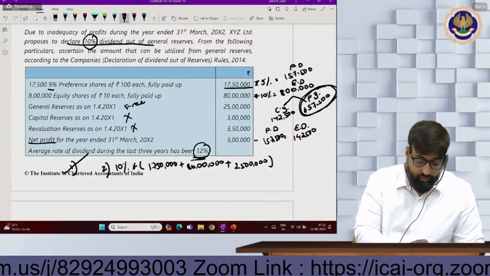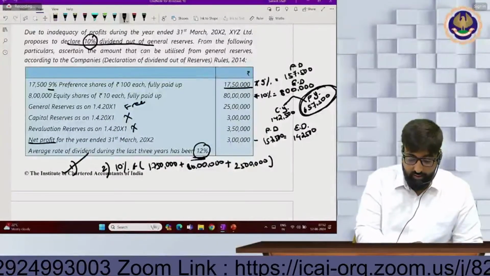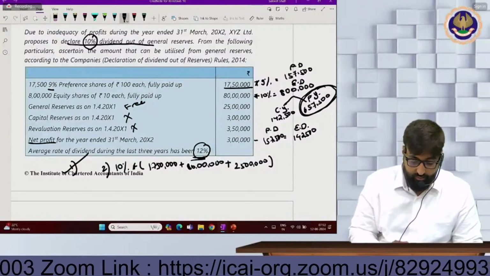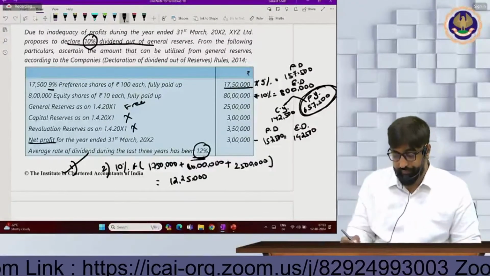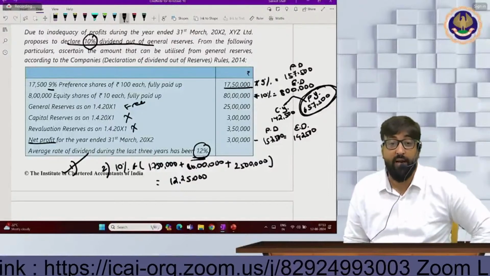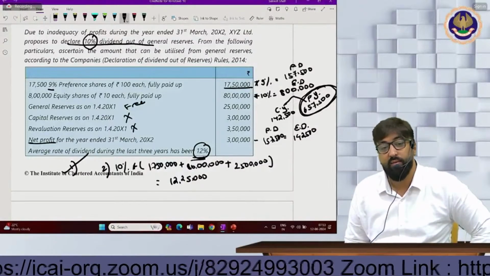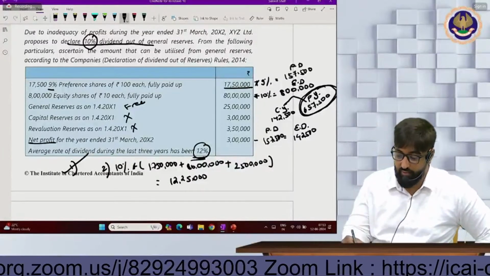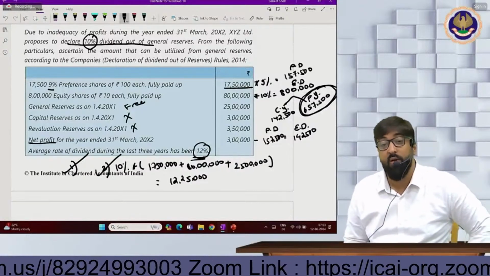So 1750 plus 8,000 plus 2,500, that is 1 crore 22 lakh 50,000, into 10%. I can withdraw a maximum of 12 lakh 25,000. How much amount am I withdrawing? 6 lakh 57,500. Therefore, the second condition is also fulfilled.